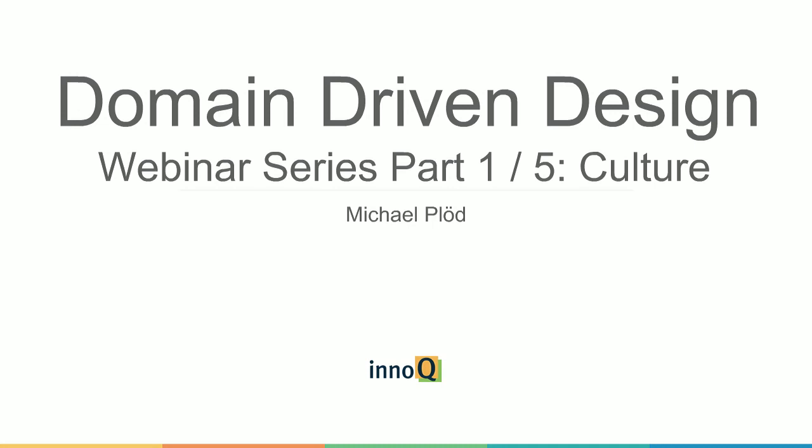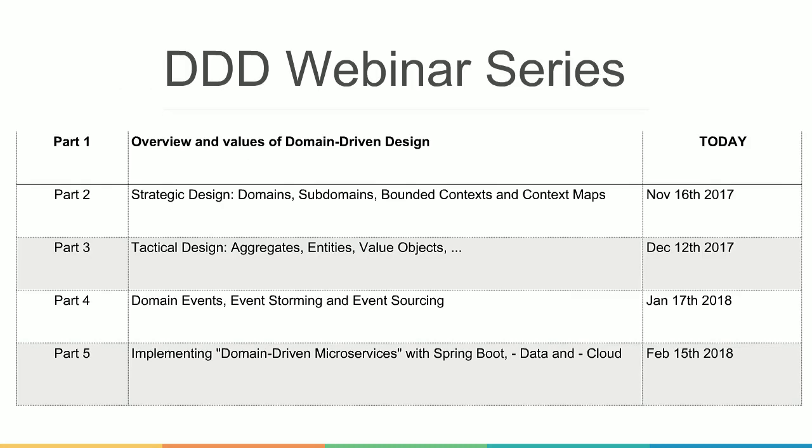You got it. Let me first give you an outlook on the webinar series. Today, I'm going to give you a bit of an overview, and especially the values and the culture of domain-driven design. The second part, which will take place in mid-November, the 16th to be precise, we will look into the big picture, strategic design.